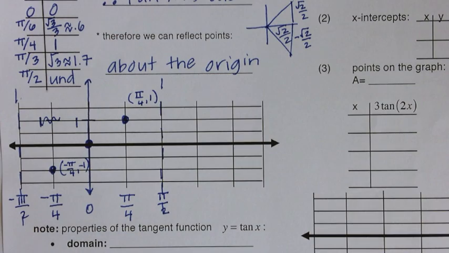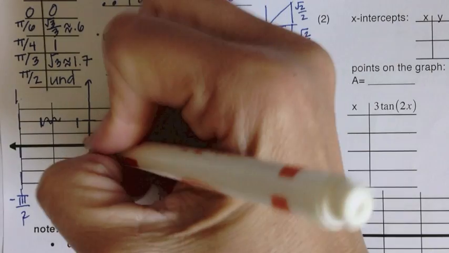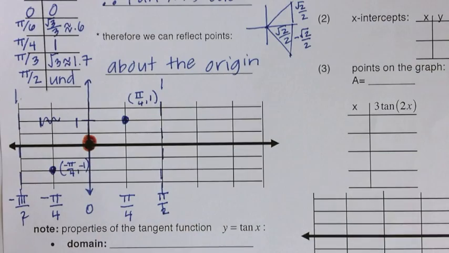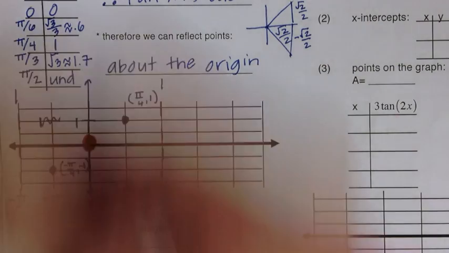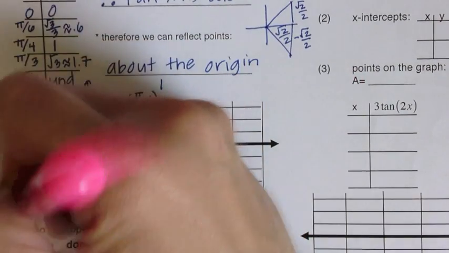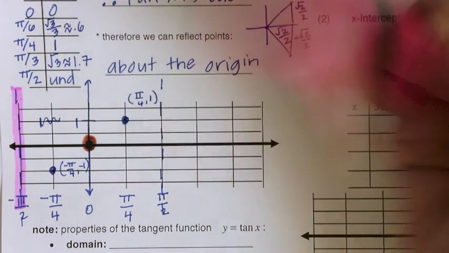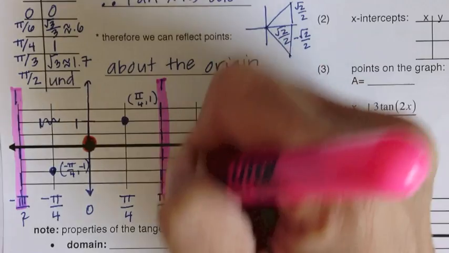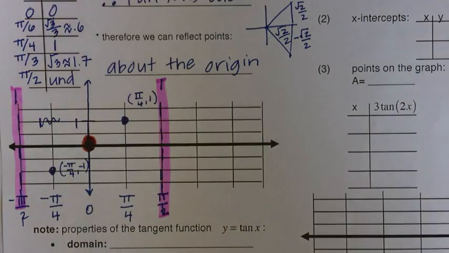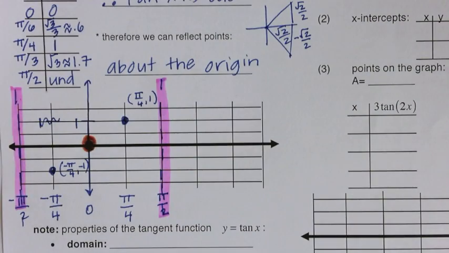So for our tangent graph, we are going to always have 5 things, just like we had for sine and cosine. And those 5 things: you're going to have the point in the middle right there. And then you're going to have the asymptotes right here, which if you start with one asymptote and then count out 1, 2, 3, 4, that's where your other asymptote will be. Then you have these 2 points right here.